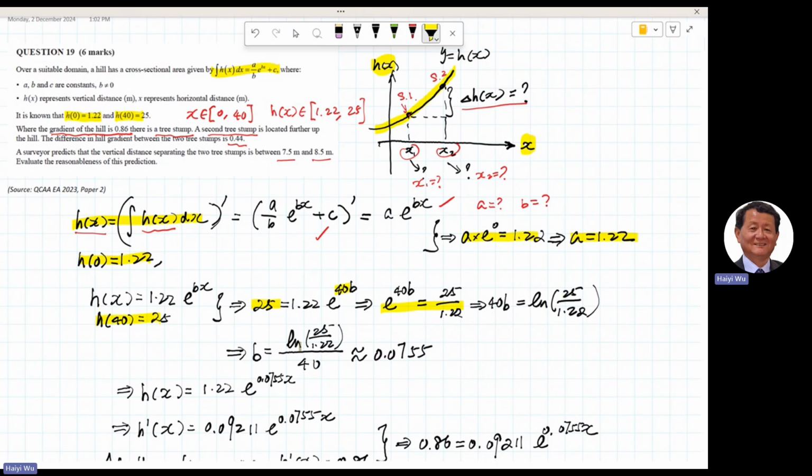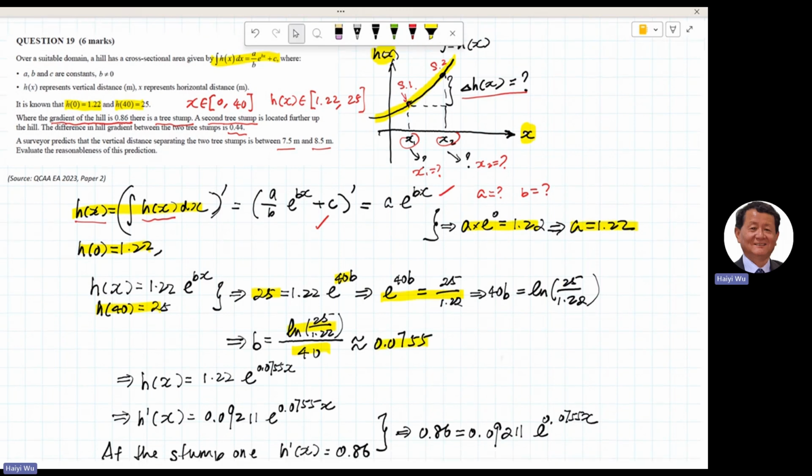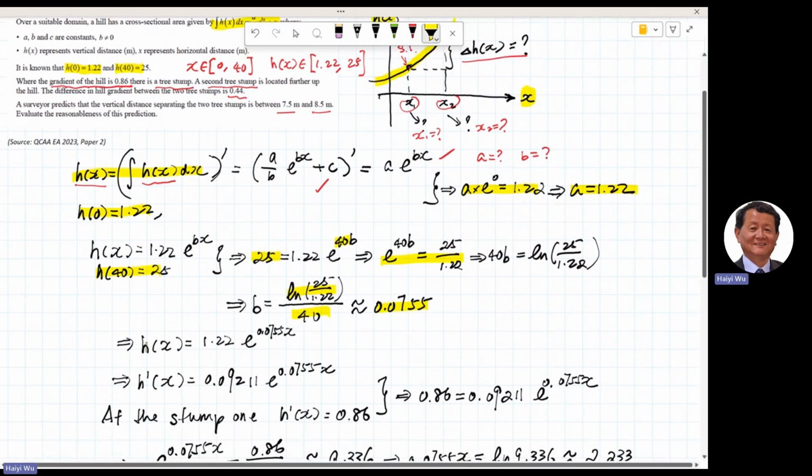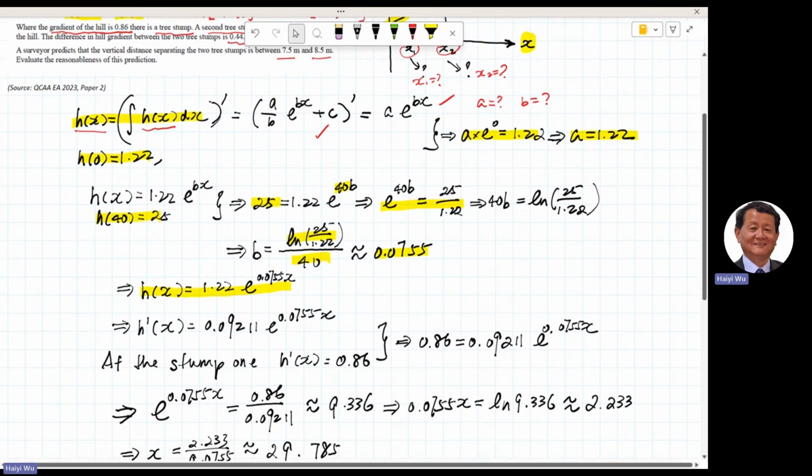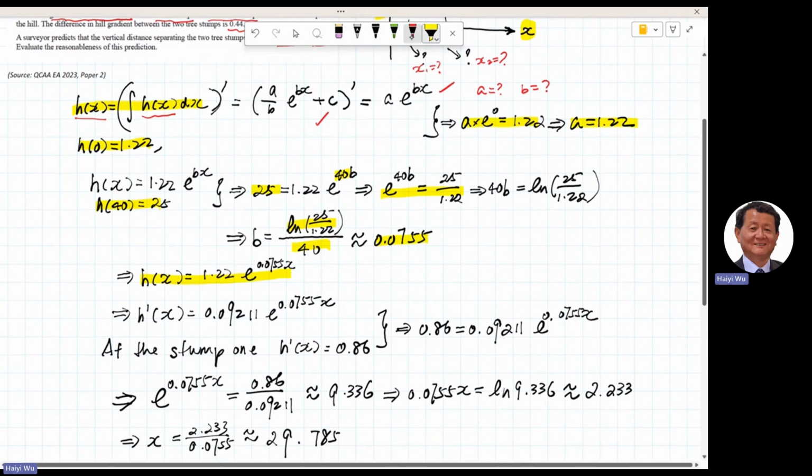So b will be the log divided by 40, which is 0.0755. So we've got a and b. Now we can write h(x) is 1.22 times e to the power 0.0755x. This is my equation for h.